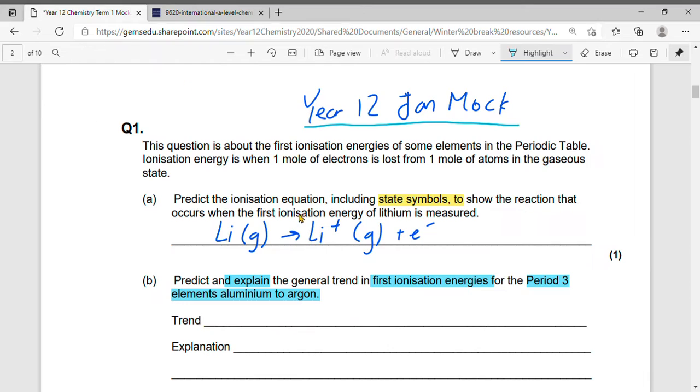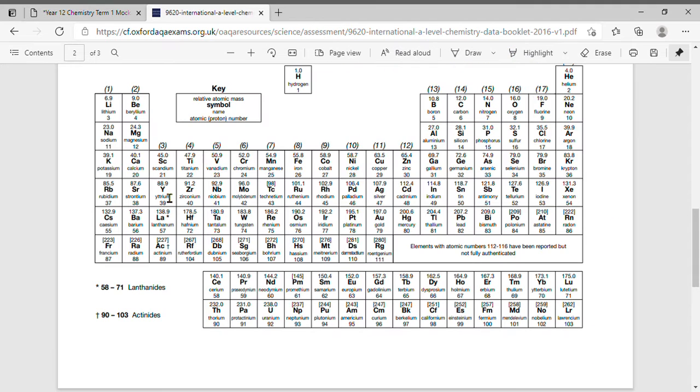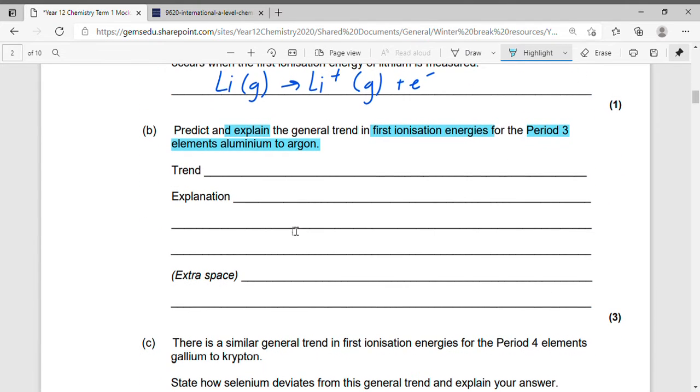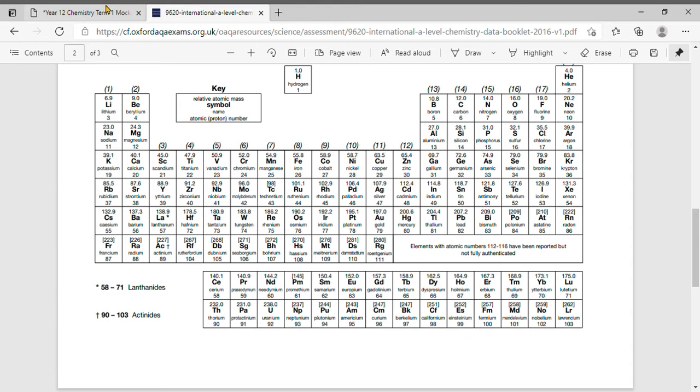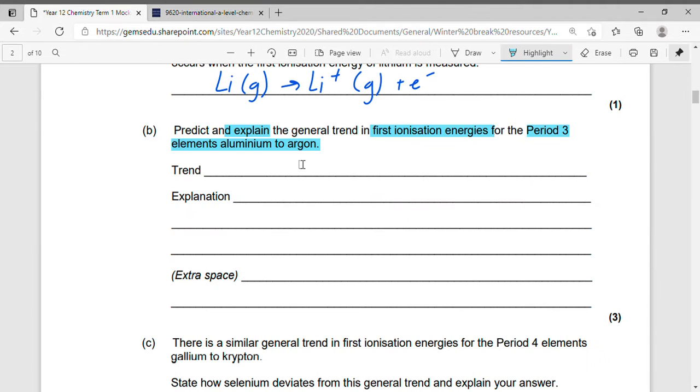Here we go. Alright, so for period 3 elements from aluminium to argon, ionization energies increase.